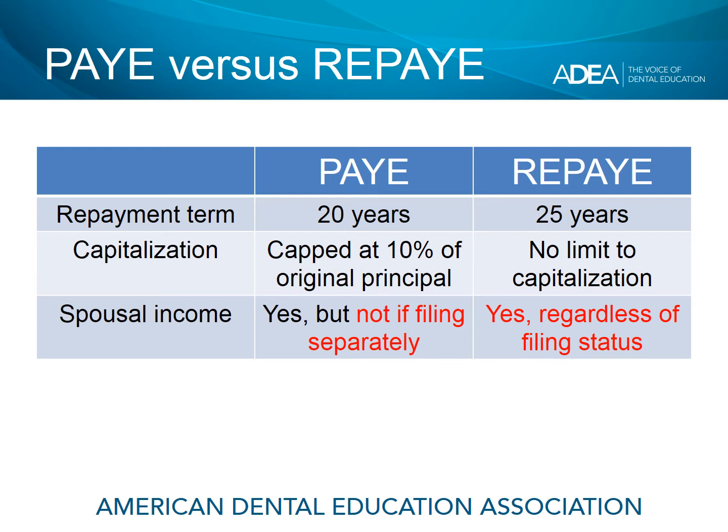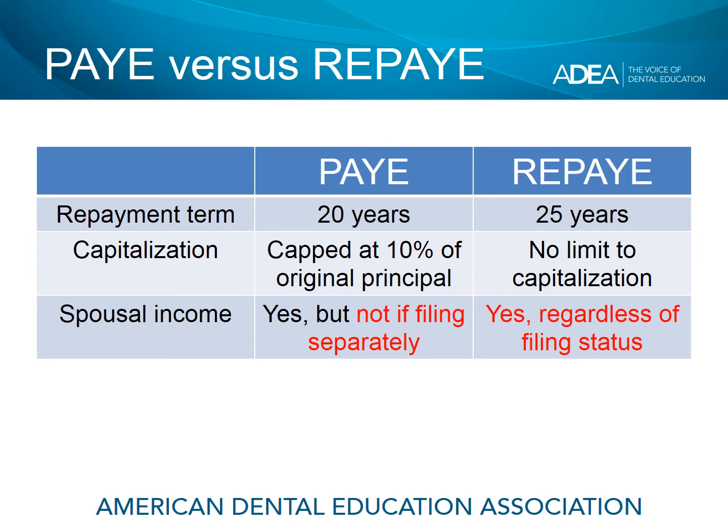In terms of capitalization, remember that capitalization is where the accrued and unpaid interest is added back to the principal. There is a limit to how much can be done under Pay-As-You-Earn. It's 10% of the original principal amount. There is no limit to the capitalization amount under Revised Pay-As-You-Earn. Very important difference for married borrowers. With both PAYE and REPAYE, if you are married and you file a joint tax return, spousal income will be counted.